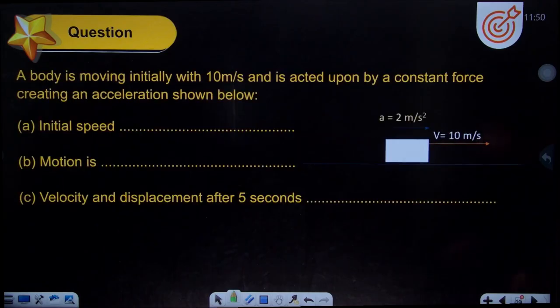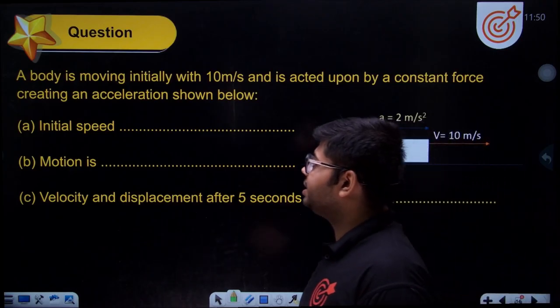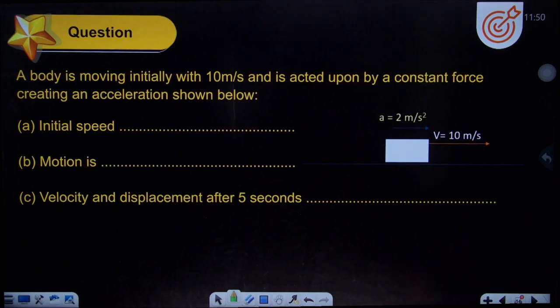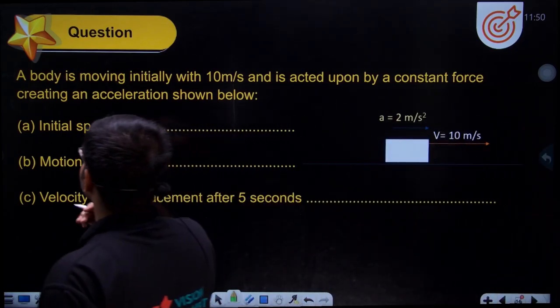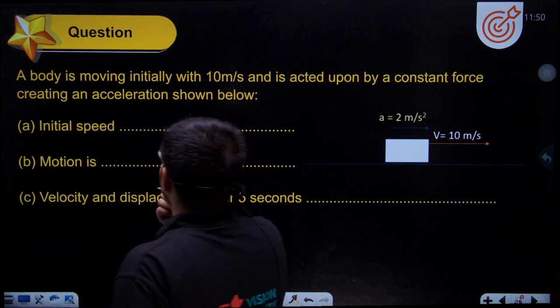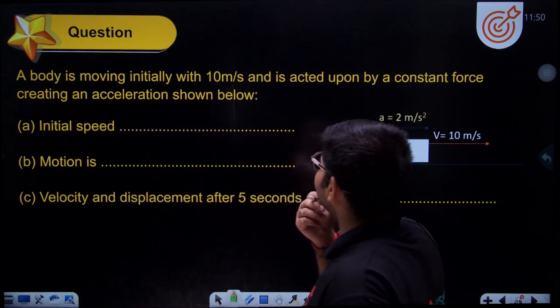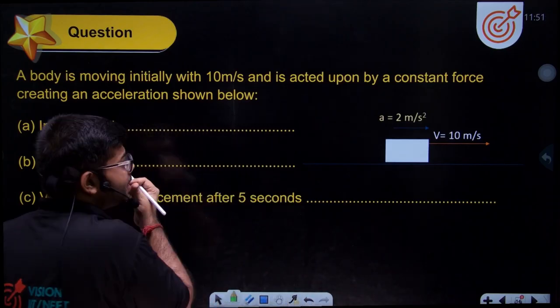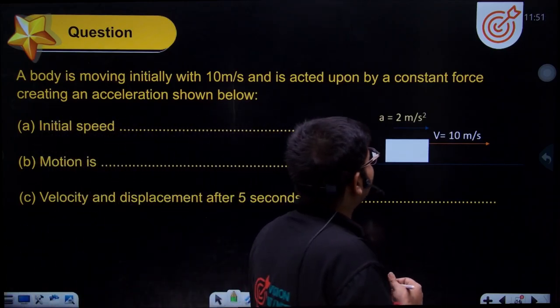Okay. Now please read this and we are going to solve it. So what is it telling? It is saying that a body is moving initially with 10 meter per second and is acted upon by a constant force.